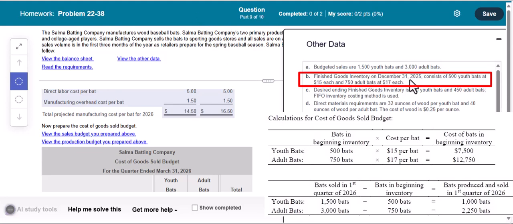So if we check out the prices here, they are now less this quarter. So that's $14.50 for the youth bats and $16.50 for the adult bats. So again, that price has gone down this quarter.